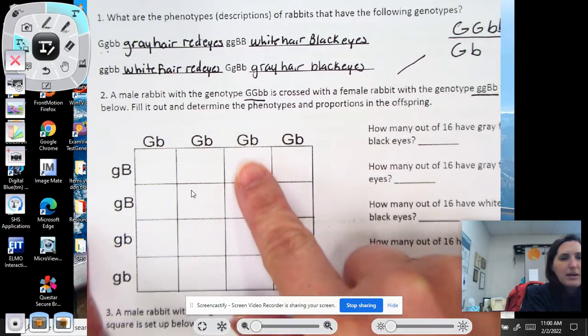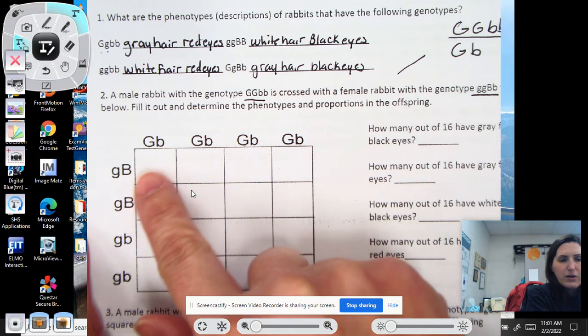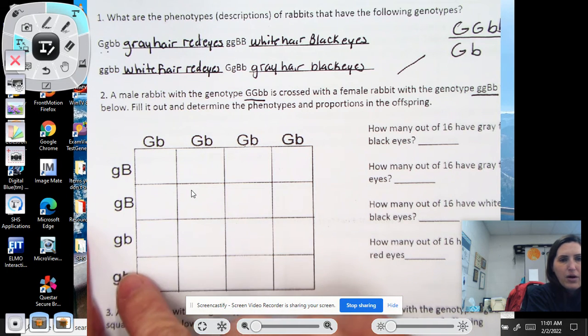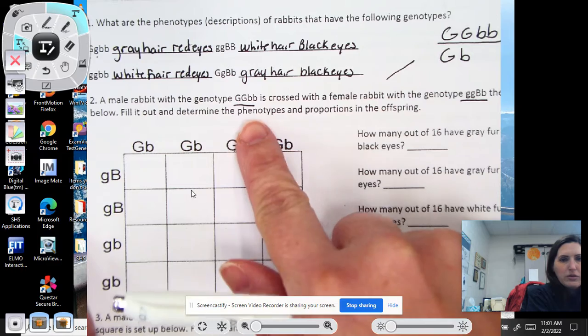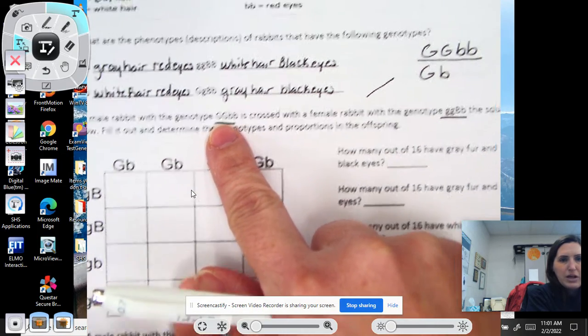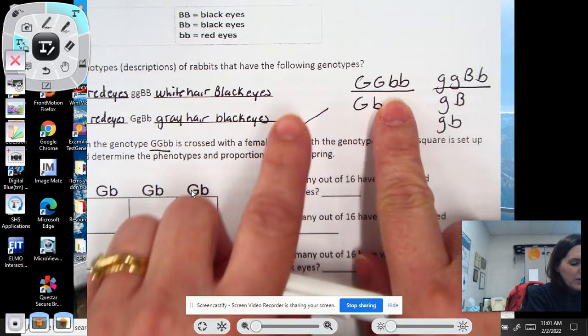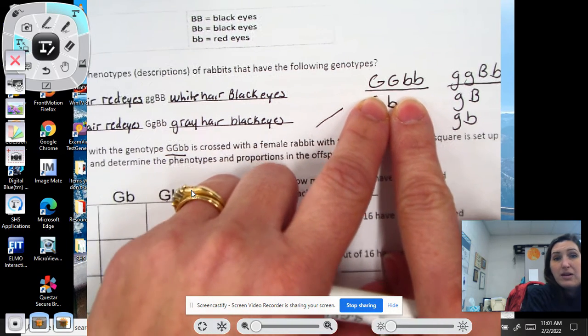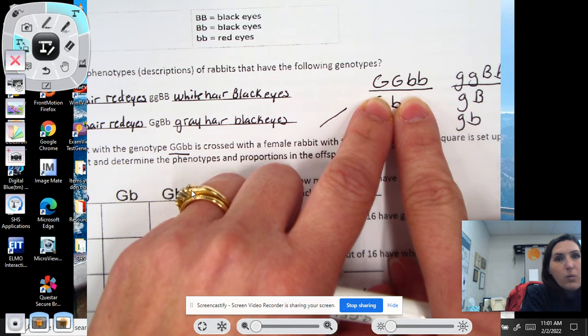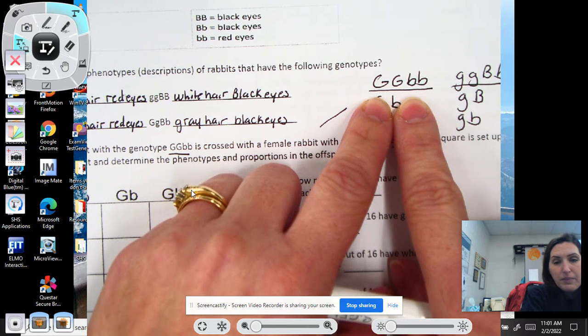Now, they went ahead and given us our letters here, but I'm going to show you where they got these from, okay? So let's take this first parent, big G, little b. So what it's asking is, when this cell does meiosis, what are the offspring going to inherit?